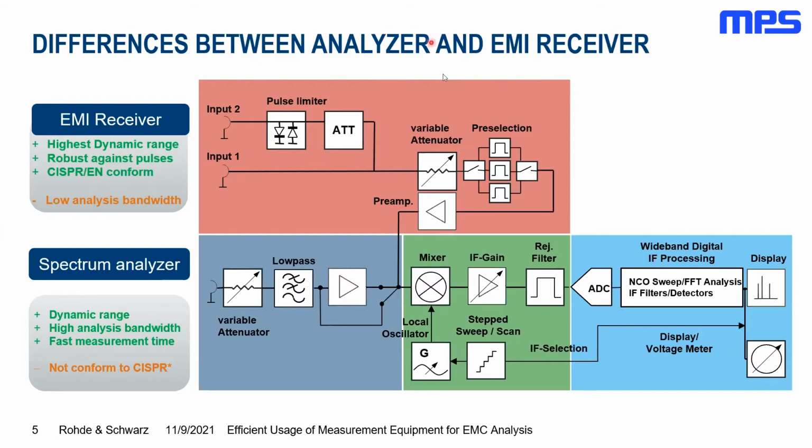But nevertheless, you will still be missing the pre-selection of the EMI receiver. So please always be careful, especially in power applications. The pre-selector is of high value there, and therefore it's always worth thinking about the difference between EMI receiver and spectrum analyzer and keeping that in mind.